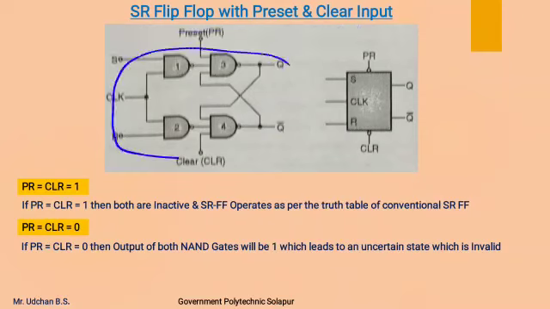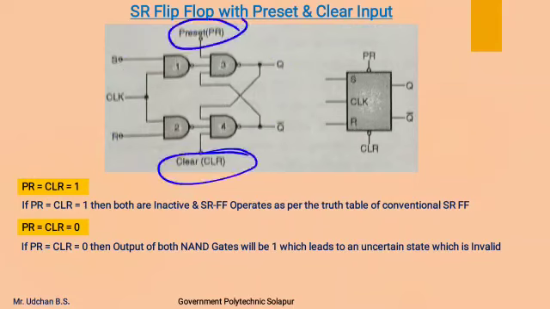This is the basic circuit diagram of the SR flip-flop, in which only two terminals are added. This is the equivalent symbol of the SR flip-flop, in which these two terminals, preset and clear, are active low terminals, meaning they have significance when we put a zero value on them.